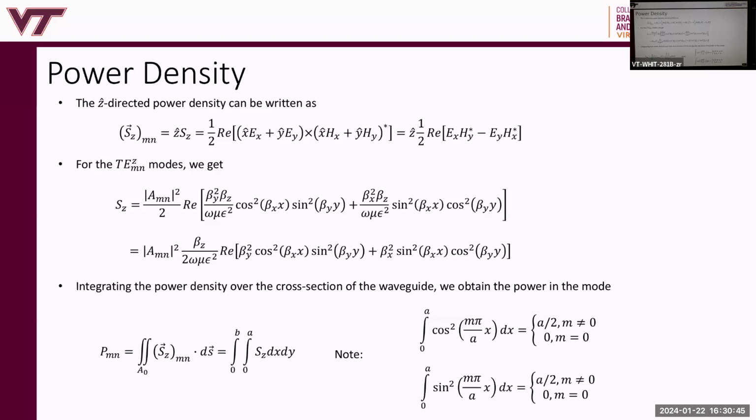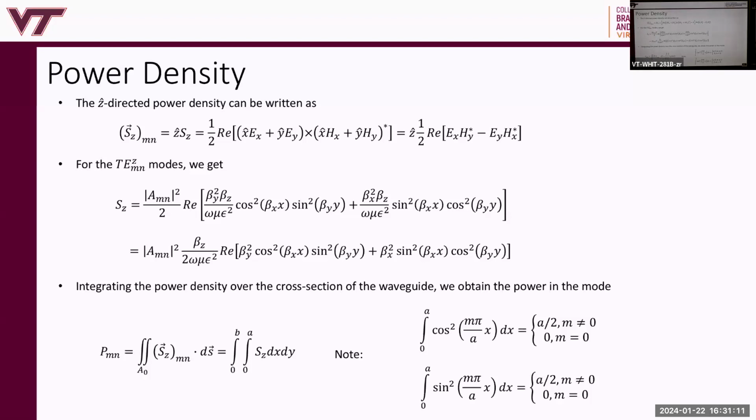And we have S_z dotted with dS. Okay, so we integrate from 0 to b, 0 to a, S_z dx dy. Good. So by these kind of identities, if you will, the integral from 0 to a of cosine squared of m pi x over a dx is 0 if m is not equal to 0, and a over 2 if m is equal to 0.